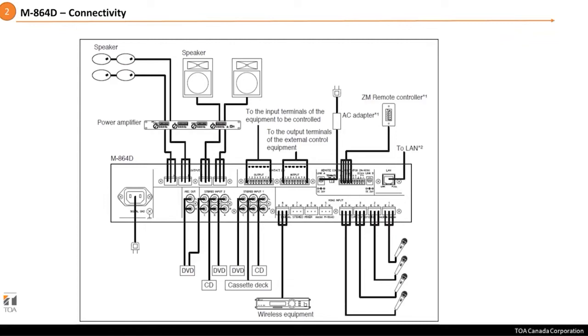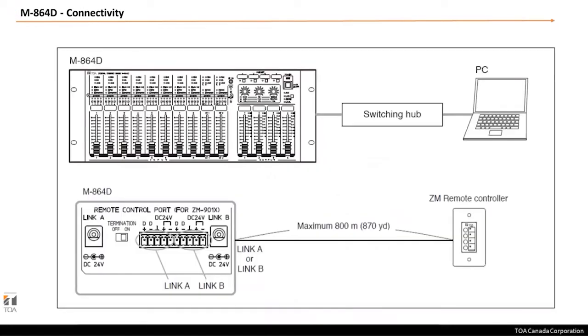So 9, 10, 11, 12, 13, 14. Obviously, outputs are available to us for the line level signal for the amplifier we'll be utilizing for our projects. And that's a little bit the way the flow is on that.